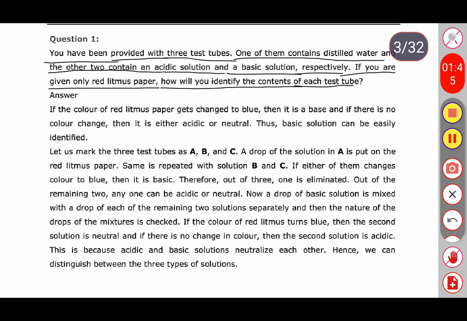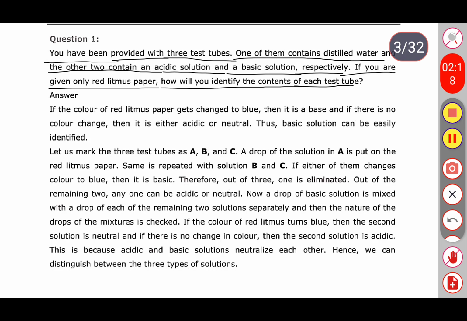If you have red litmus paper only, then how you are going to identify which solution is acid and which solution is base and which one is the neutral solution? You already know the properties of acids, bases, right? So with the help of these properties we can easily identify the solution with the help of the litmus paper.